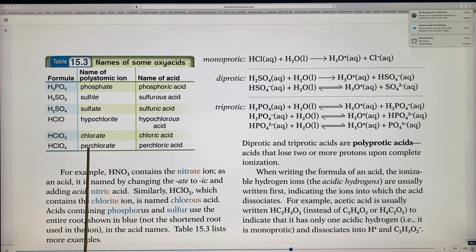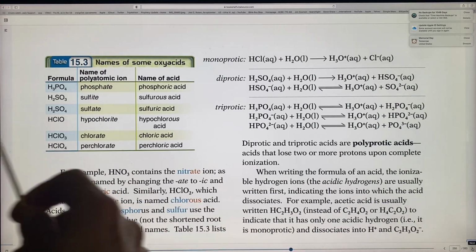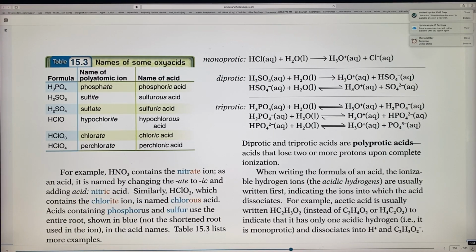Now we have perchlorate, another one, and now we have perchloric acid. See how these are just polyatomic ions made out of oxygen, and they have a name for them. If it's ate, you're going to turn it to ic. If it's ite, you're going to turn it to ous. So that is important.